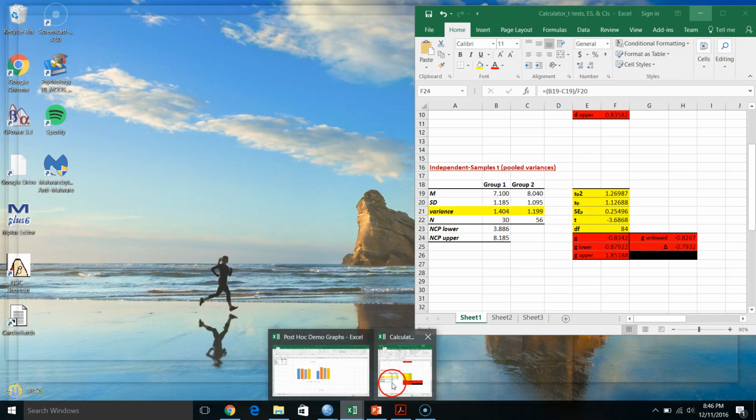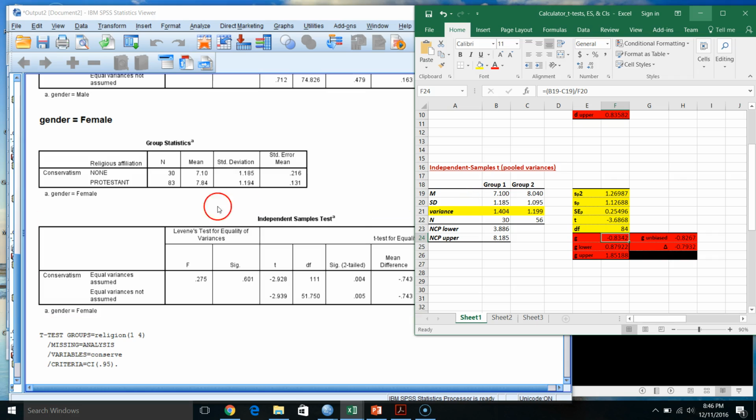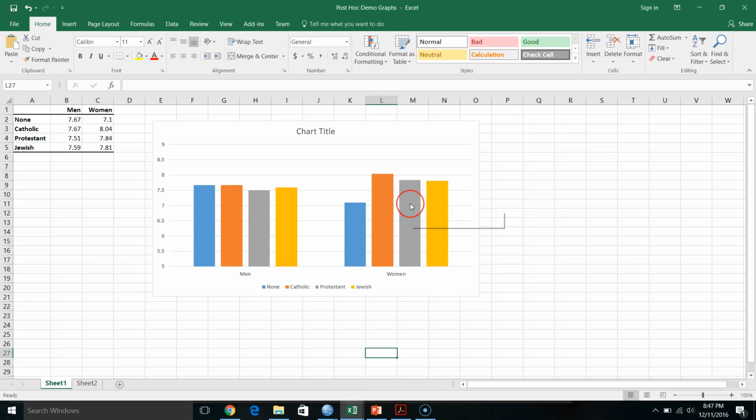If we wanted to calculate our effect size here, again, we're looking at our unaffiliated women, that's the same. But if we go 7.84, 1.194, and 83 women here, we still have a medium effect of 0.62, so about 0.6 of a standard deviation difference from this group to that group, with our Protestant women scoring higher than our unaffiliated women.